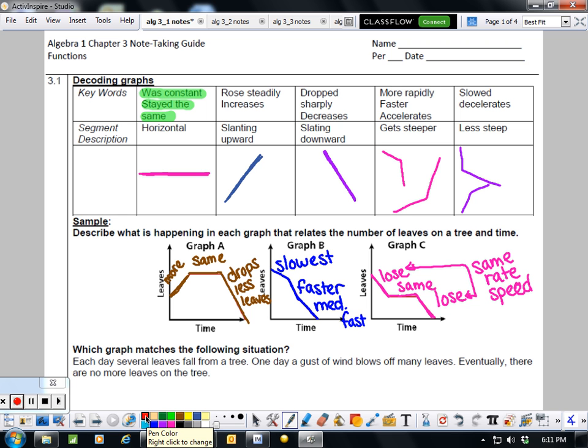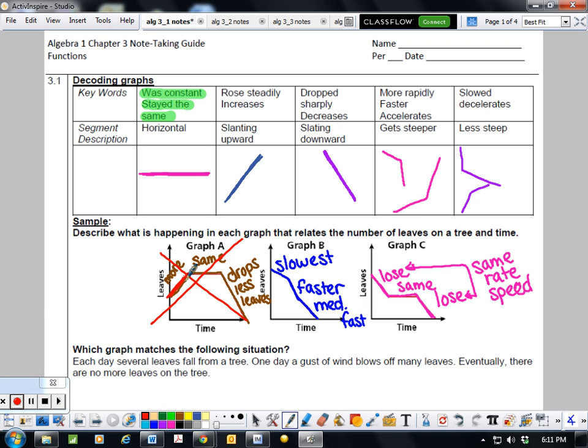So each day several leaves fall from a tree. One day a gust of wind blows off many leaves, and then eventually there are no more leaves on the tree. And so it looks like we never gain leaves. So this one is not going to be correct because that one started off with gaining leaves at the front.